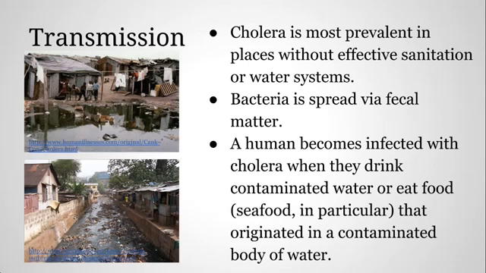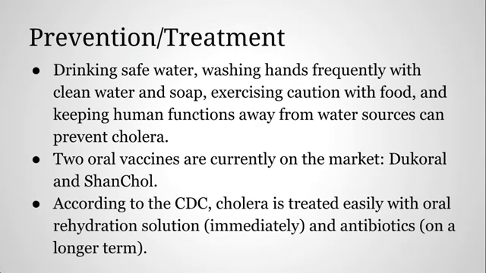You can see in these pictures, these are areas where their sewage system is the exact same as their water faucets. So to prevent cholera, drinking safe water and frequent hand washing is important, but it's also important to use water that's safe, that can be boiled water or treated with chlorine.